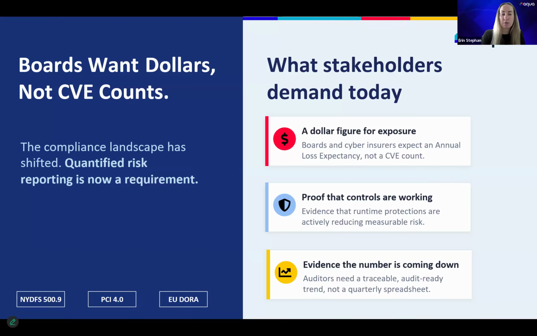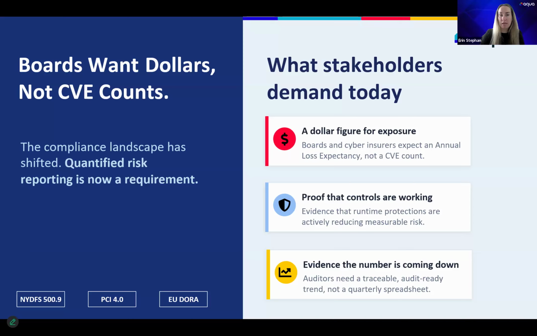And this is really changing and becoming more and more important as we look at additional compliance standards that are being set universally, right? Not just in the US, not just in the EU, but things like DORA, for example, PCI 4.0. And so the compliance landscape, as this continues to shift, makes quantified risk reporting a requirement.